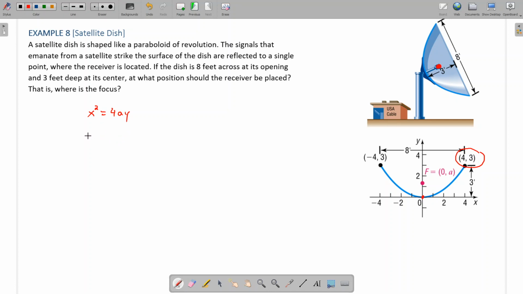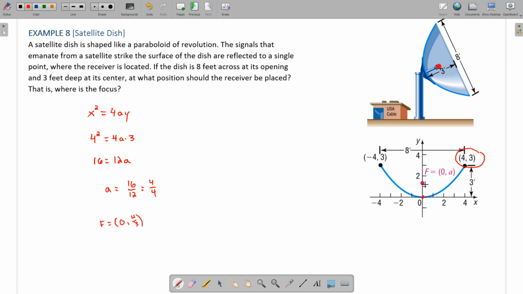So if we put 4 in for the x and 3 in for the y, then we have 16 is equal to 12a, and then all we have to do is divide over, so a comes out to 16 over 12. If we reduce that, they're both divisible by 4, so it's 4/3. So the focus is the point (0, 4/3).